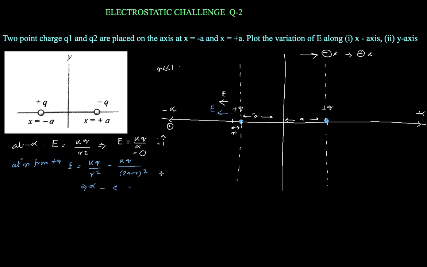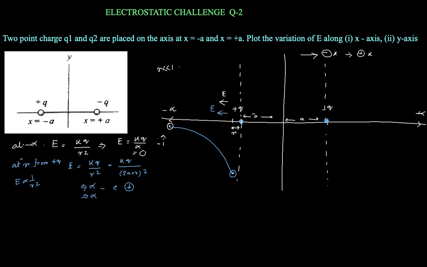So the electric field is infinite and it is positive in nature. So we can get another point which is at the negative side, but it is at infinite. Now what is the relation between E and r? E is proportional to 1 by r square, that is the rectangular hyperbola. So we can join the graph like this. Okay, we get the rectangular hyperbola.